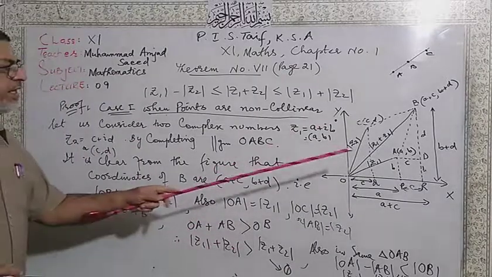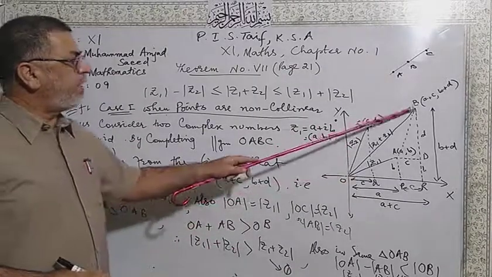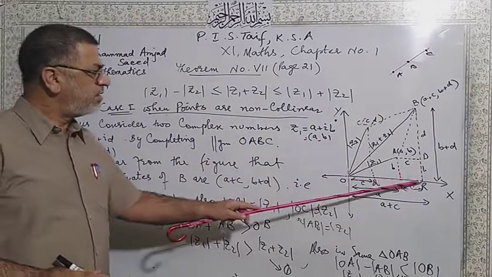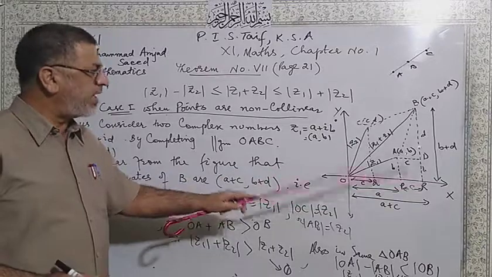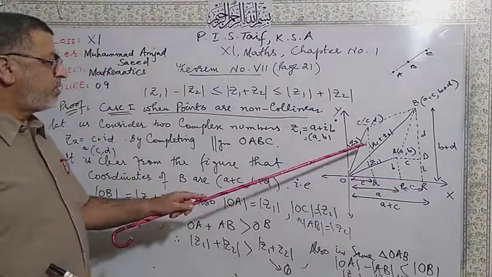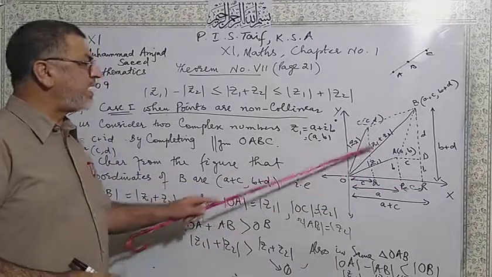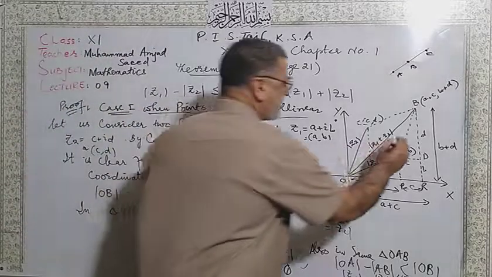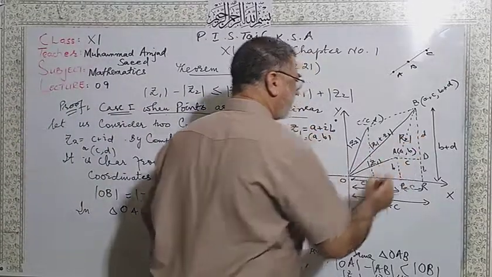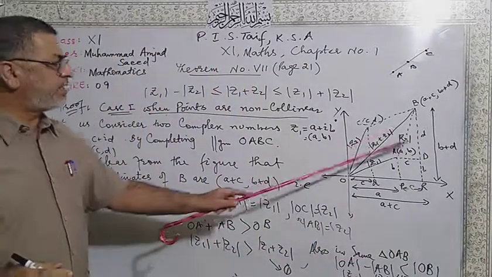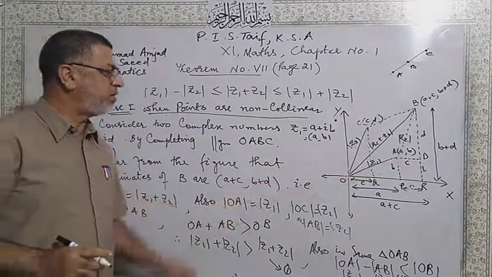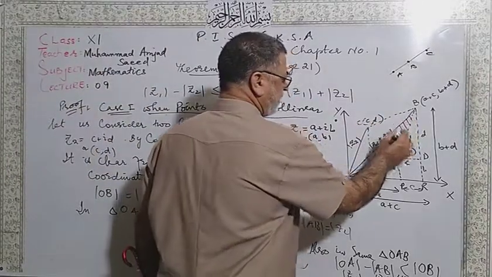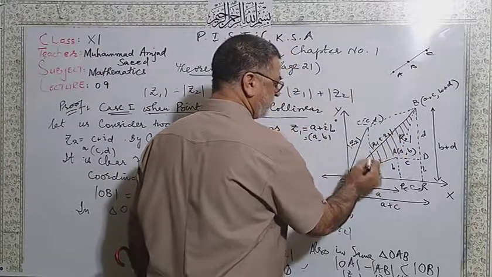And similarly, OB is equal to the resultant of OR and BR. So this is |z1| and this is |z2|. Remember that this is |z2| and this is |z2|, AB also. So in this triangle, you can see this is your triangle.